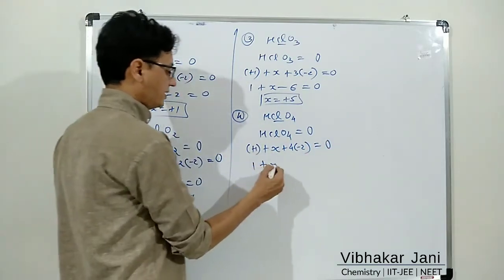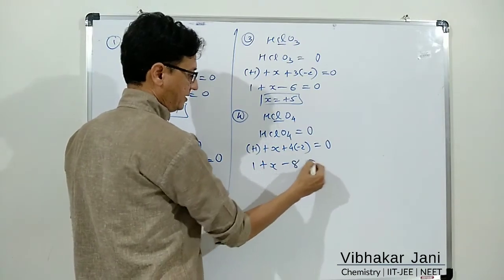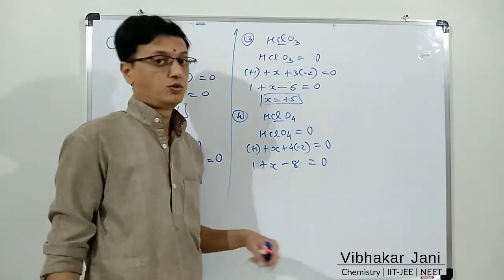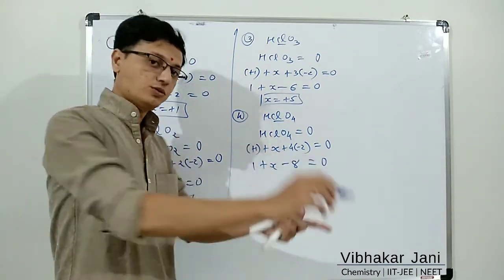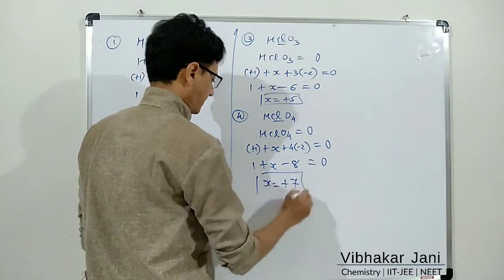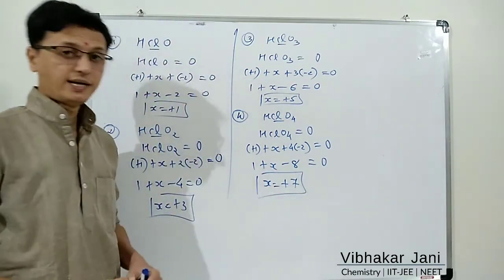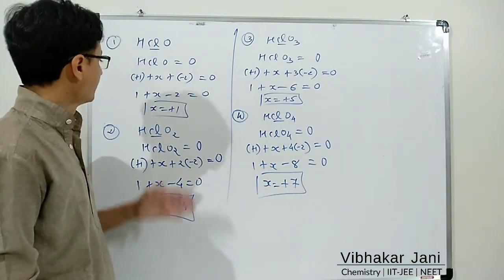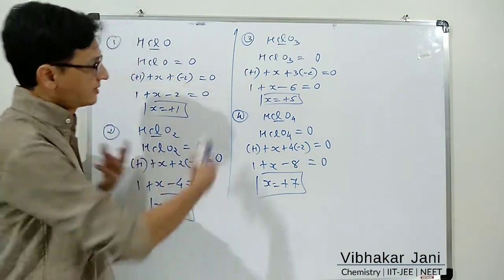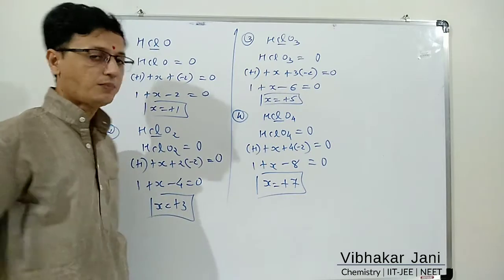Now 1 plus X minus 8 is equal to 0. -8 plus 1 equals -7. And if it goes to the other side of equal to, then we will have +7. So chlorine can have +1, +3, +5 as well as +7 oxidation states in its different compounds.